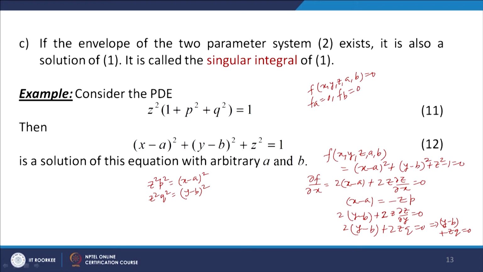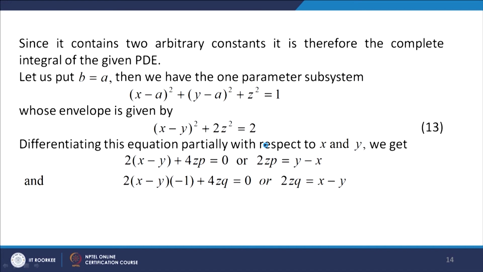So, replacing x minus a whole square by z square p square and y minus b whole square by z square q square, we get z square plus z square p square plus z square q square equal to 1. This is a solution, which means it must satisfy this equation. So this is a solution of the equation 11. Since it contains two arbitrary constants, it is therefore the complete integral of the given PDE.